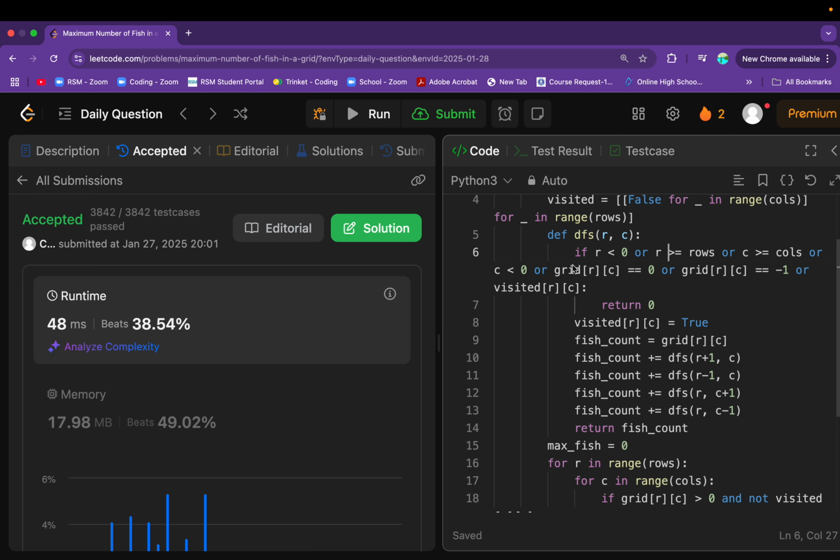We're also simultaneously tracking the largest number of fish collected during all of the DFS traversals and returning that value as a result, which we store in the max fish variable, right?